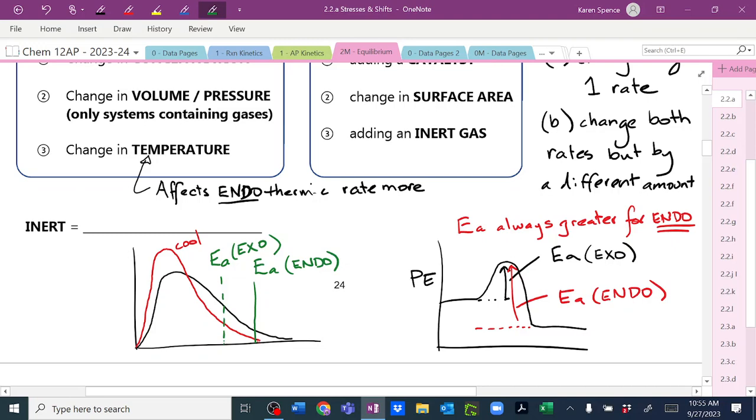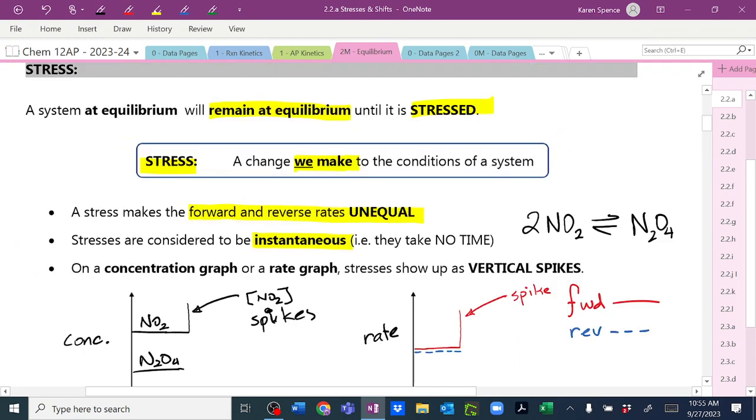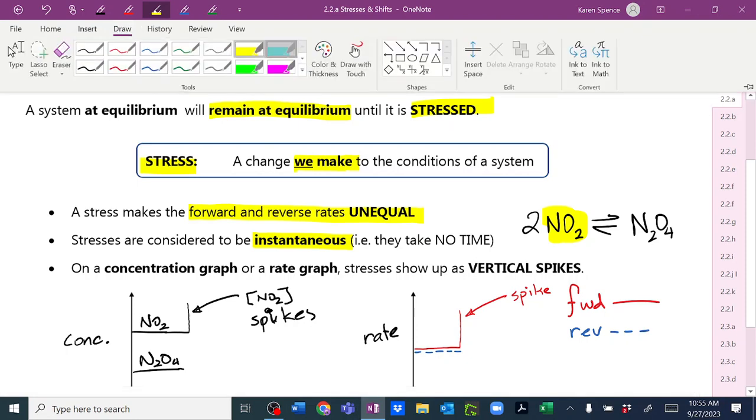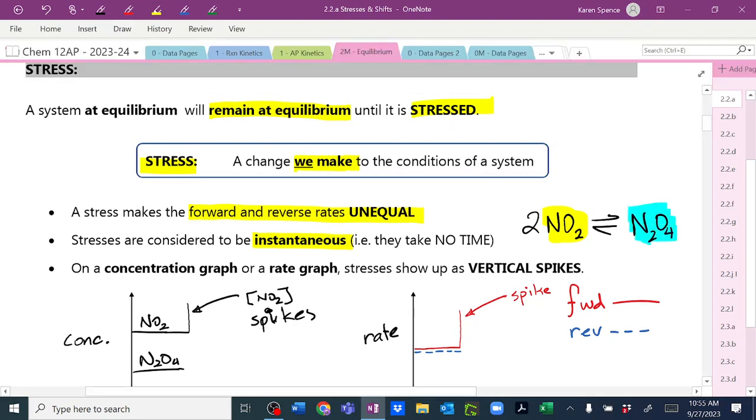Concentration, you'll only be affecting one direction anyway, because if I put in NO2, I'm only affecting the forward rate. If I put in N2O4, I'm only affecting the reverse rate. So when I change a concentration, it doesn't matter whether it's endo or exothermic. It depends. There's other factors involved like entropy. Yes.